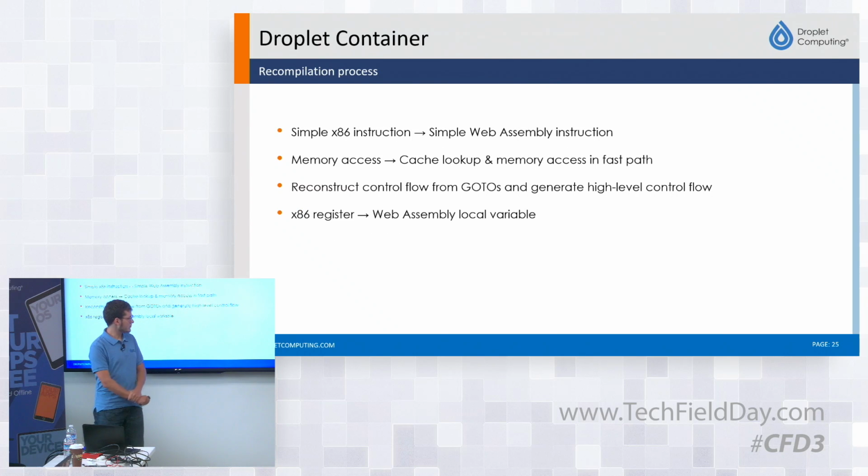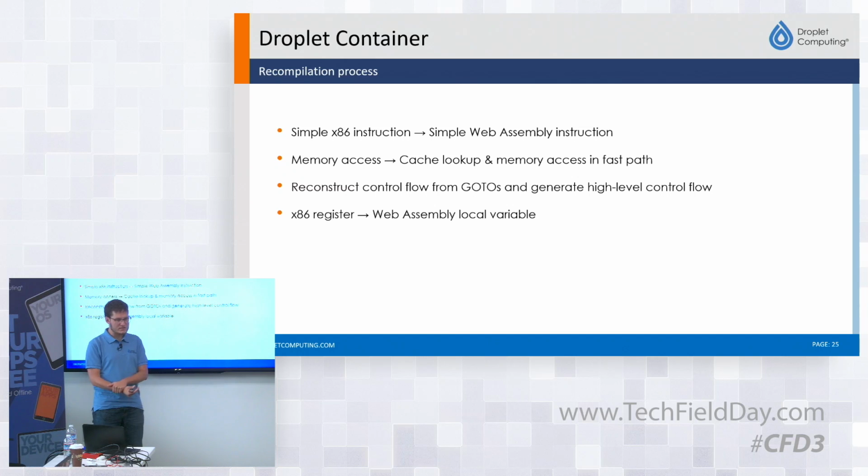So basically, these are on a very low level the steps that are needed to translate the machine code that we receive to WebAssembly. Most simple x86 instructions become also a single WebAssembly instruction since they map very closely.